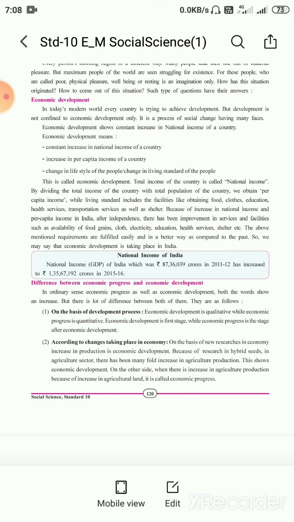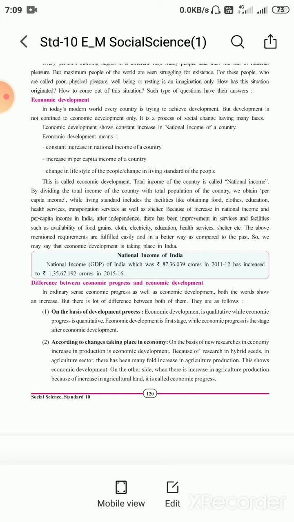Now we know that due to the foreign rule, the farmers who had become landless and the workers who had become jobless, after independence got the opportunities to exercise their talents, and we see the result in economic development.